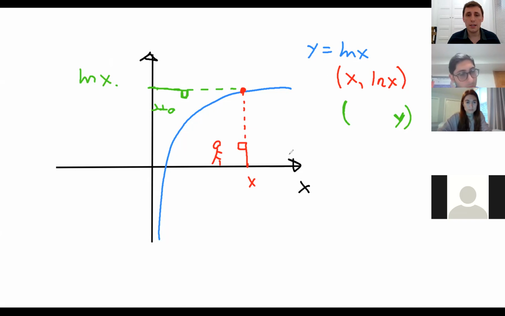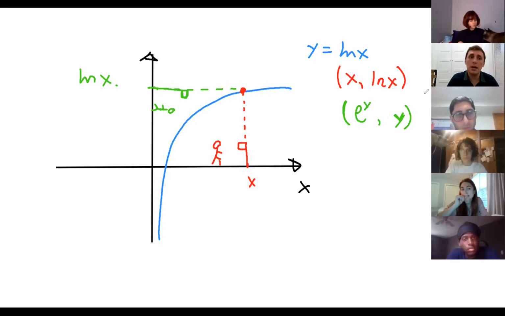Green's vertical coordinate is e to the y. Do you understand that? In other words, astronaut green is seeing a familiar curve, e to the y. Are you with me?